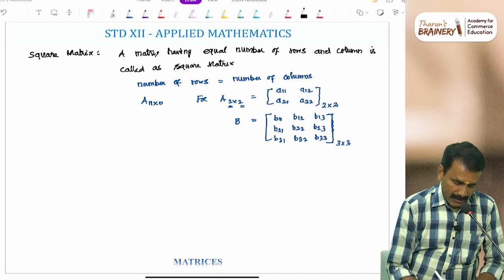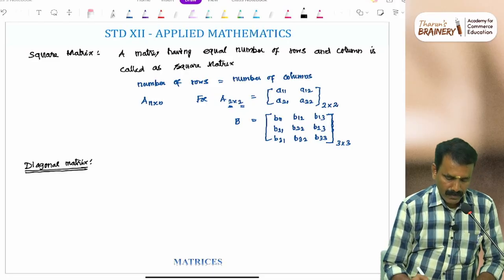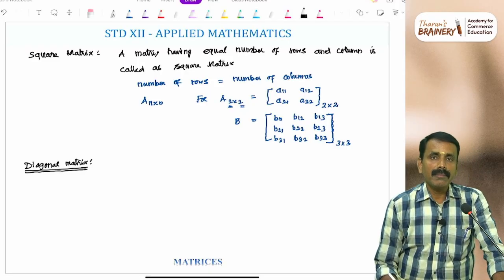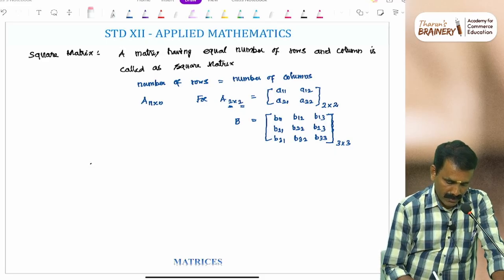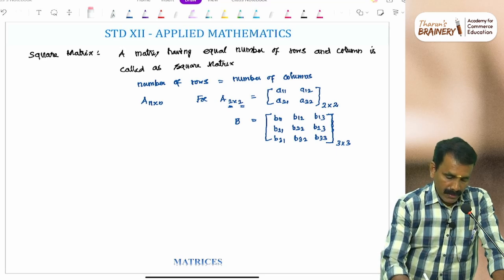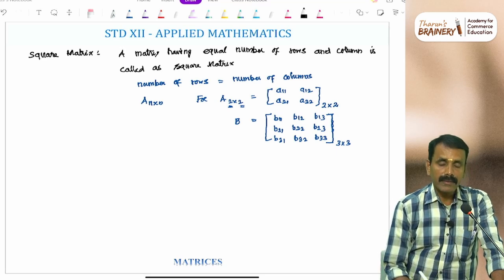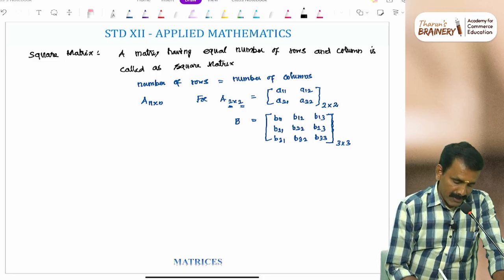Next we move on to the diagonal matrix. Before we define a diagonal matrix, let us define diagonal elements. What do you mean by diagonal elements?